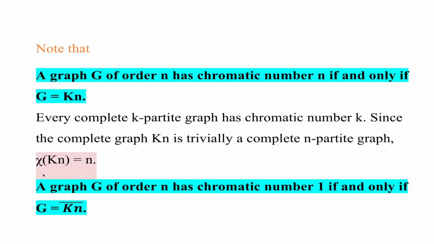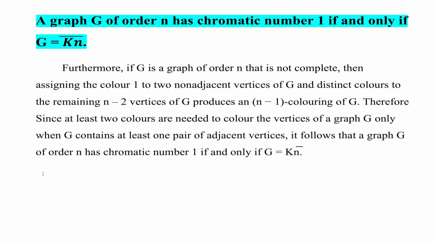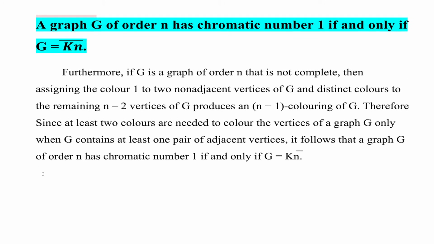So, chi of Kn is equal to n. A graph G of order n has chromatic number 1 if and only if G is equal to Kn complement, that is, it has no edges. So, we can color that using a single color, therefore the chromatic number is 1.